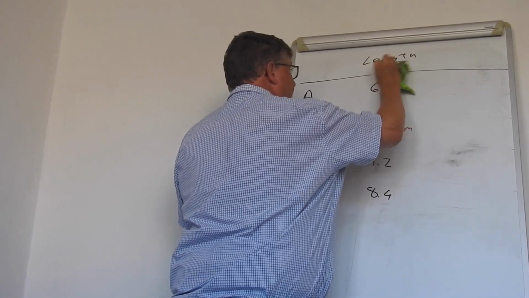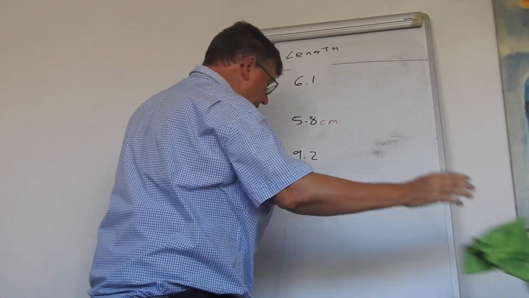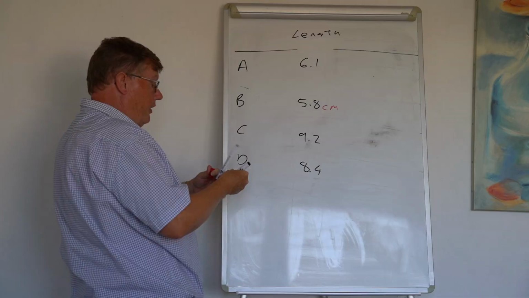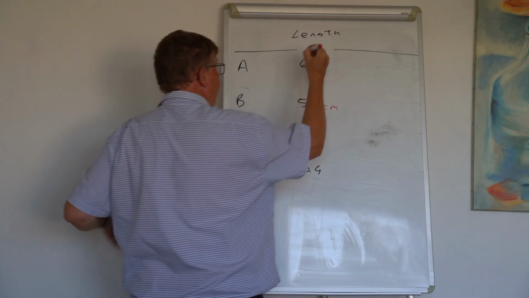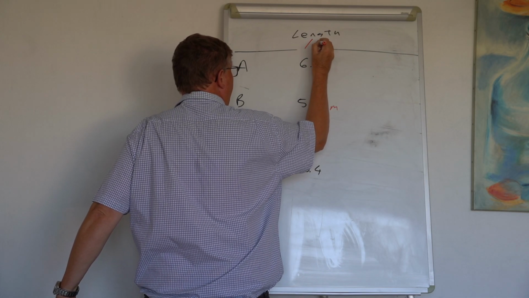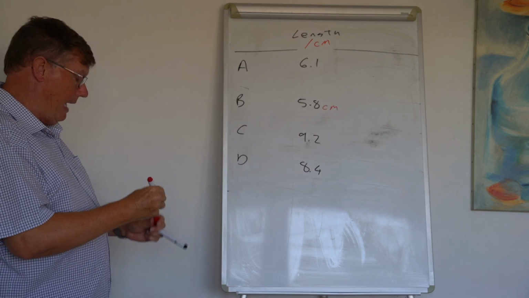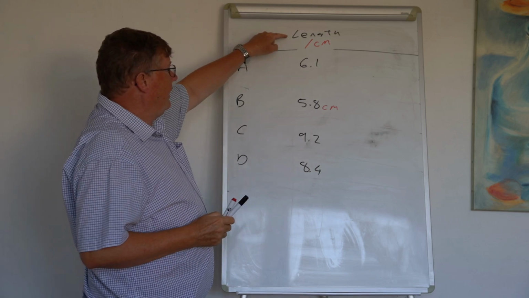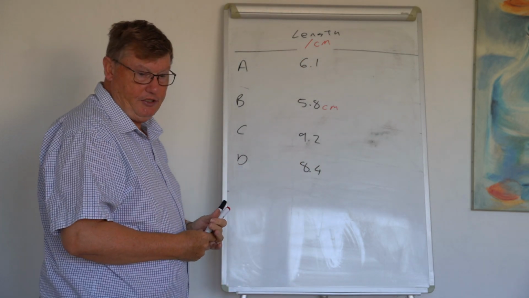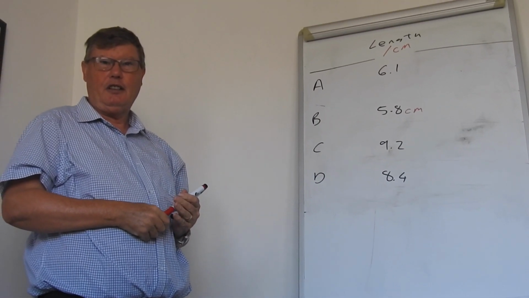You will notice that in our books and in everything you see, at the top, it will say length, and then the slash sign and cm. That means that it takes the length, 6.1 centimetres, and divides by centimetres.